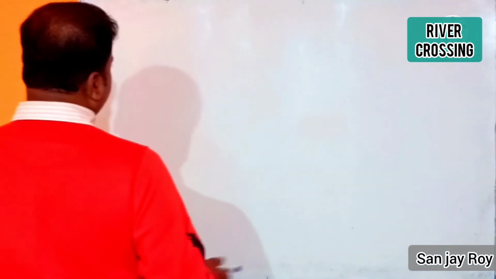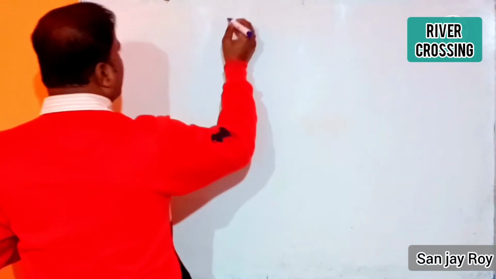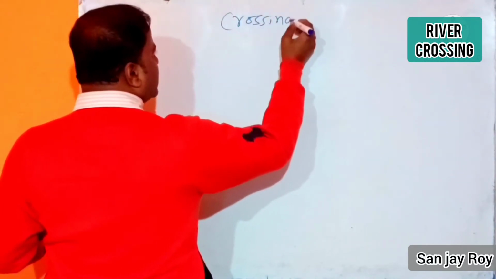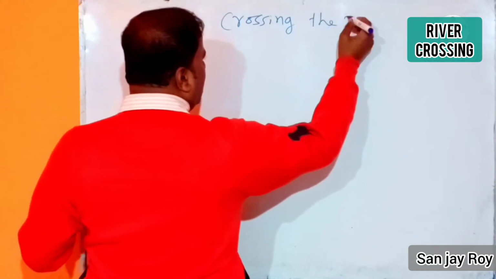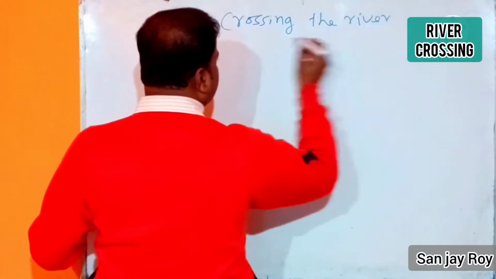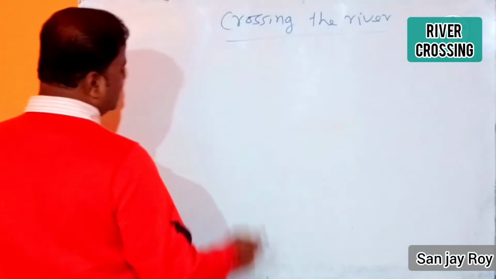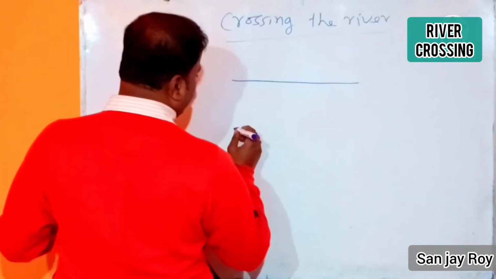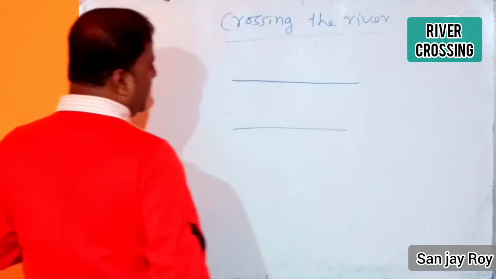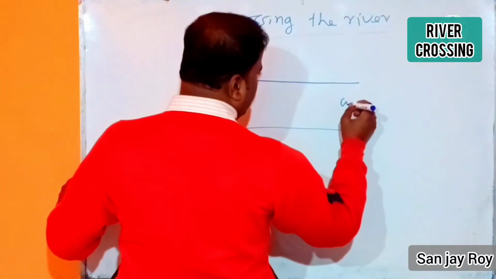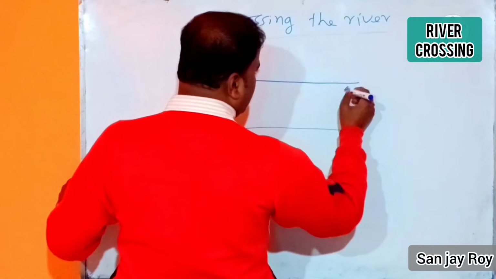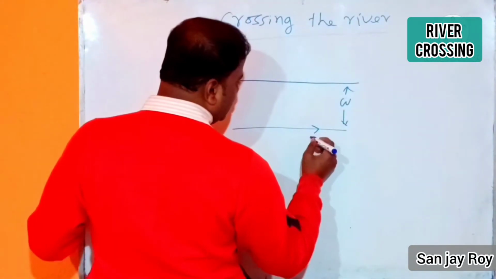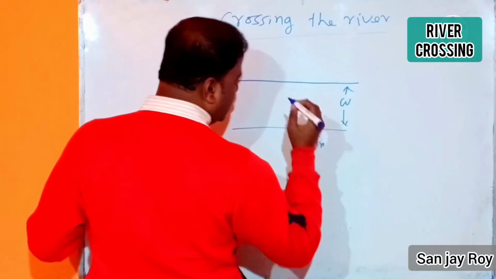Okay, let's start our topic, crossing the river. Say this is a river with width W. The river is flowing with velocity Vr.